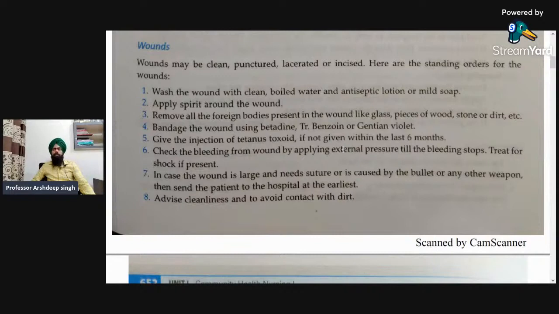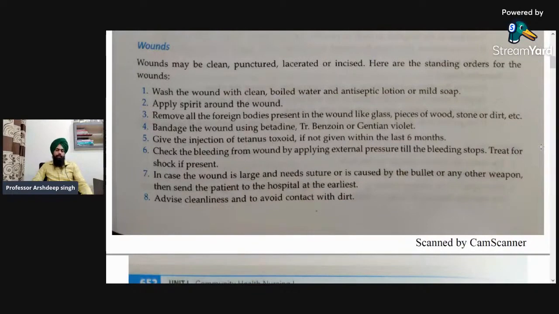If the patient has already taken the dose within 6 months, there is no need to give the injection of the vaccine again. Okay. Next, check the bleeding from the wound by applying external pressure till the bleeding stops. Okay. So we have to exert the external pressure, because by applying the pressure we can stop bleeding, and treat for shock if present.